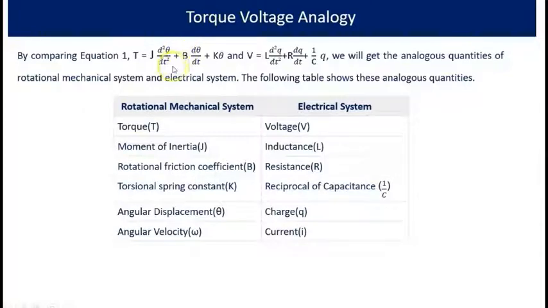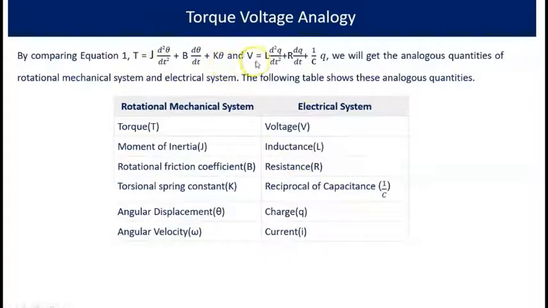Now comparing these two equations, T is equal to J into d square theta by dt square plus B into d theta by dt plus K theta, and the mesh equation V is equal to L into d square Q by dt square plus R into dq by dt plus 1 by C Q, we get the analogous quantities of the rotational mechanical system and electrical system. It is given in this table.